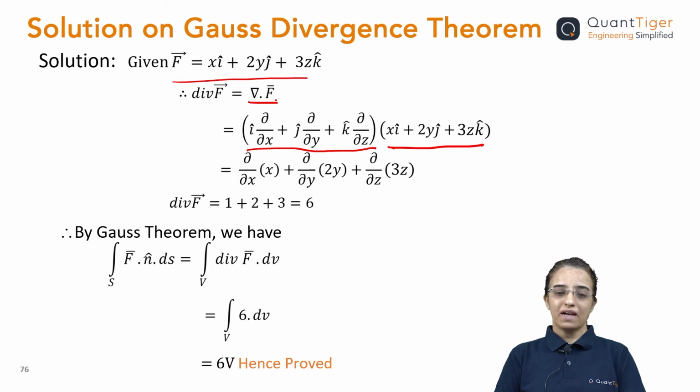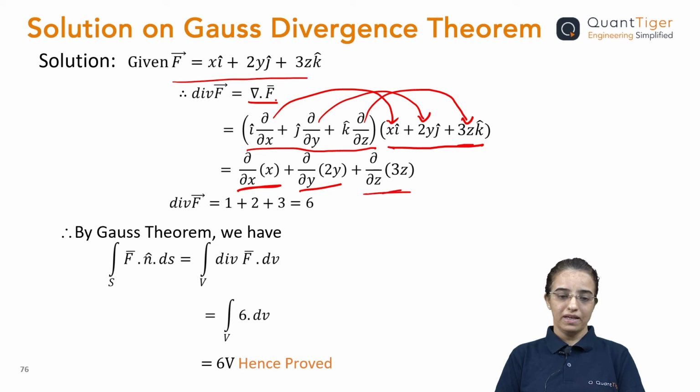Then we multiply term by term: i with i, then j with del by del y of 2y, and k with del by del z of 3z. So, we took the product of the components, and if you solve this, you will get the answer, which is 6.